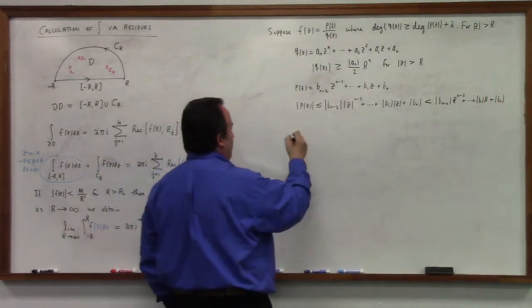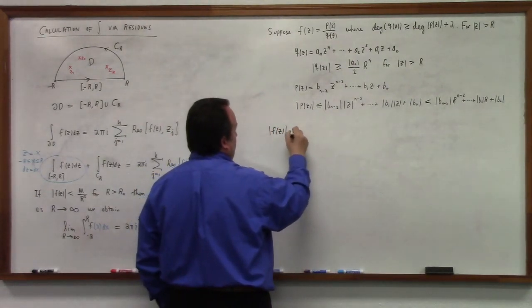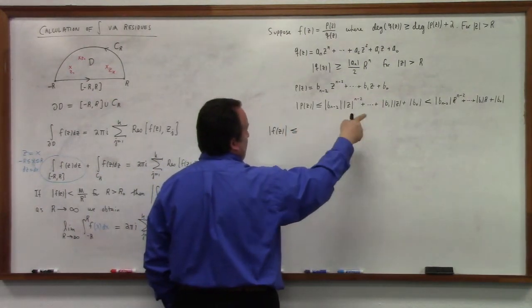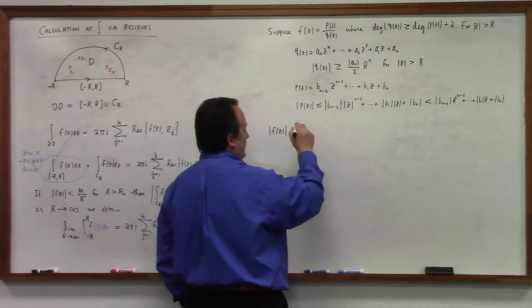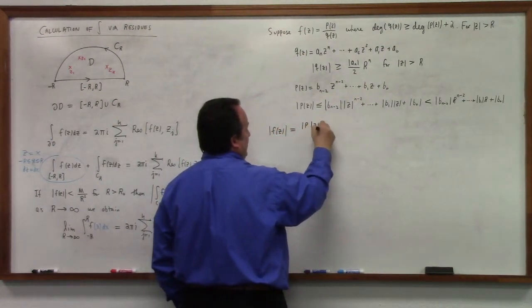And so what we have then is that the modulus of f of z is equal to, and less than or equal to, the modulus of p of z over the modulus of q of z.